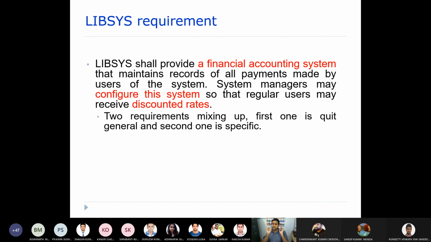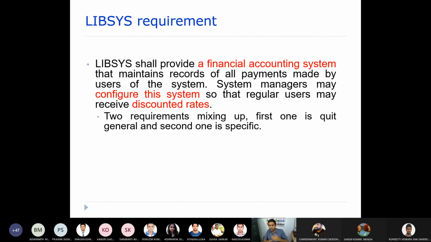It means that the system managers can configure the system in such a way that the users will get some discount. We are talking about the financial accounting system, and at the same time you are talking about discounted rates also, but they do not have any link.